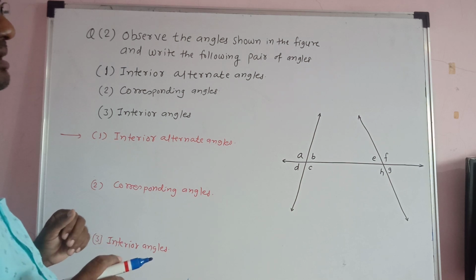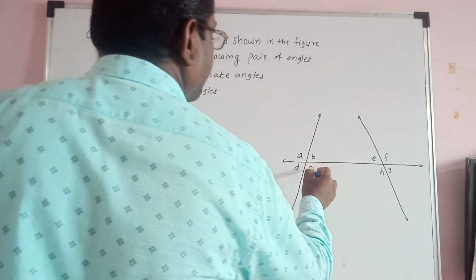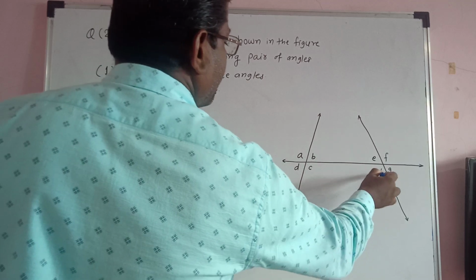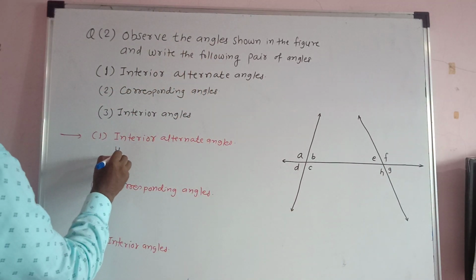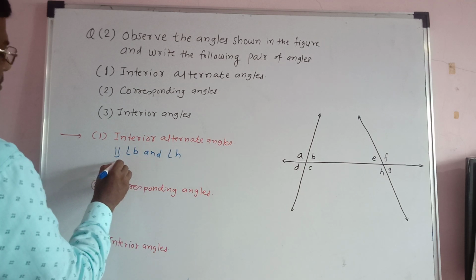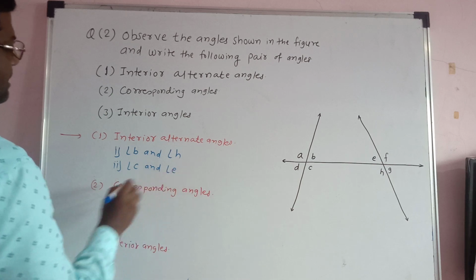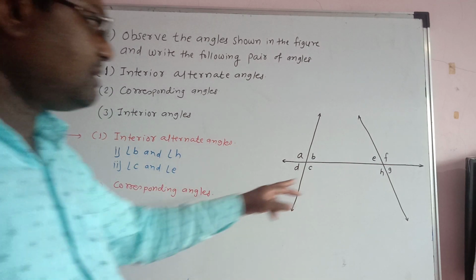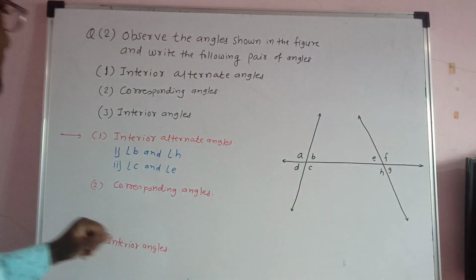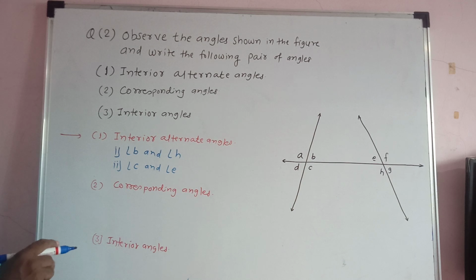Interior alternate angles are in between the given two lines and cross angles, that is on the opposite side of the transversal, that is angle C and angle E, angle B and angle H. Therefore angle B and angle H, and number 2, angle C and angle E are the interior alternate angles, that is cross angles.